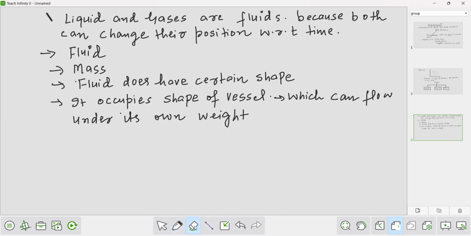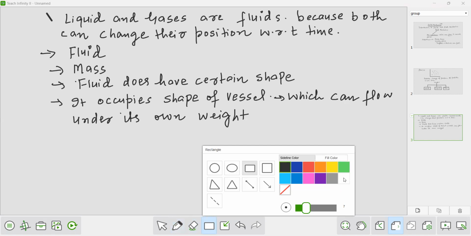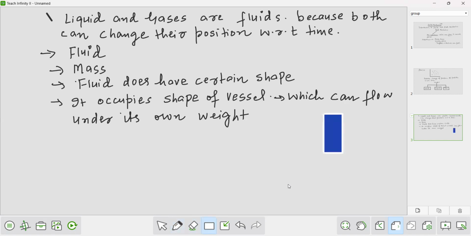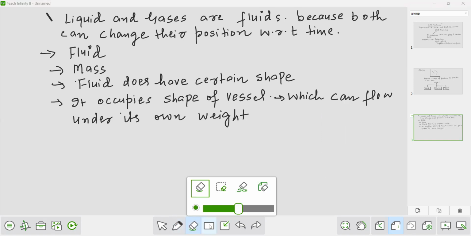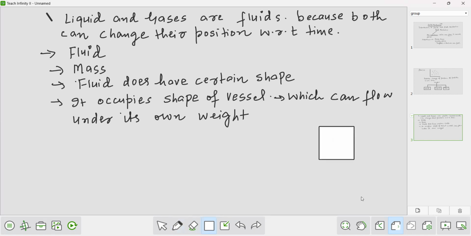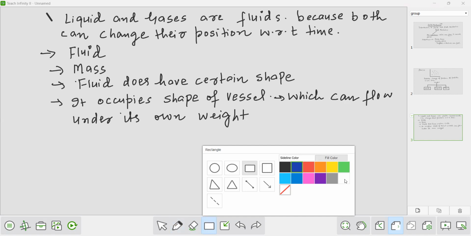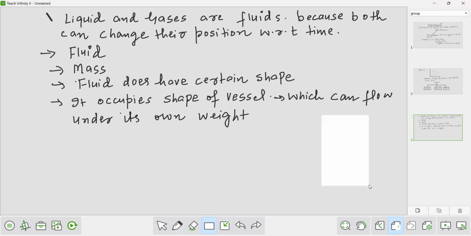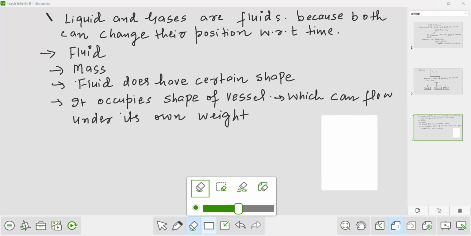For example, let's take an example of a glass. This is an empty glass, and you will pour some liquid in it.